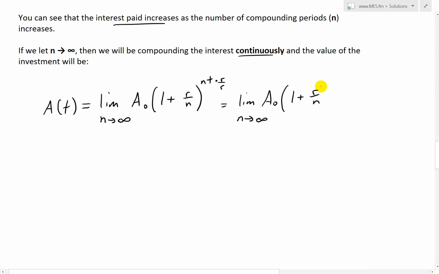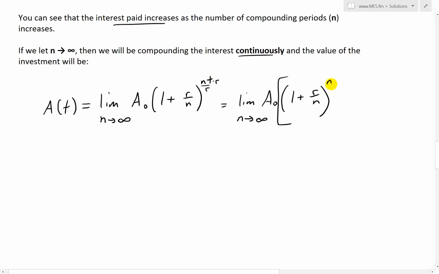Then it separates the power: one of the r's will move over here, and I'll leave the other r right here, so that we have n over r, and then separate this t times r.